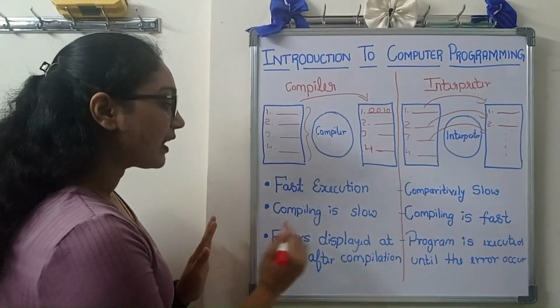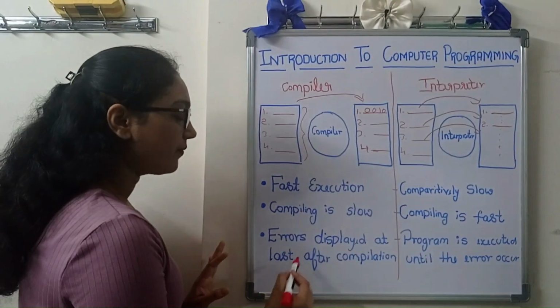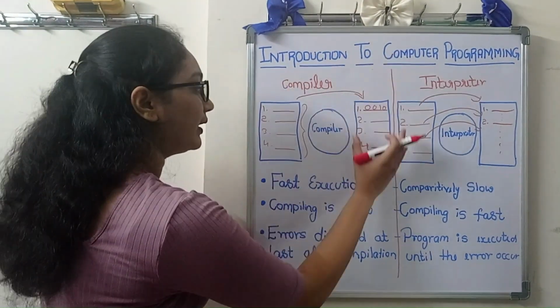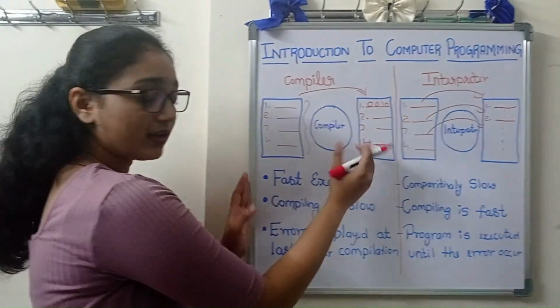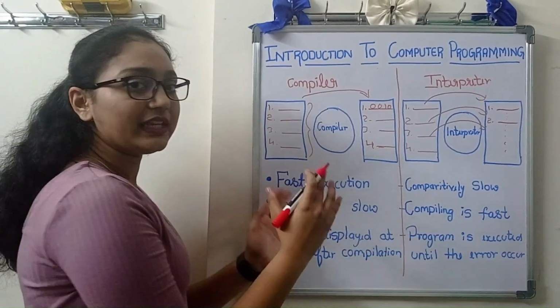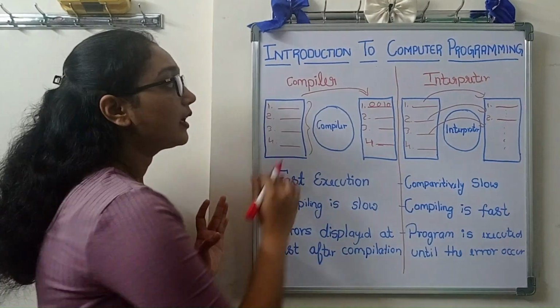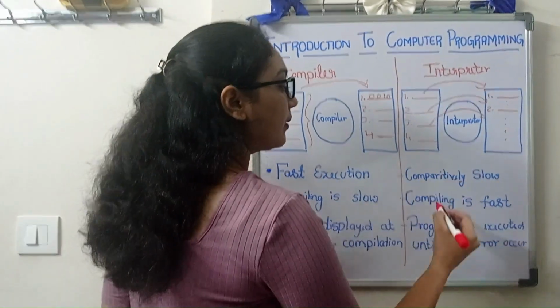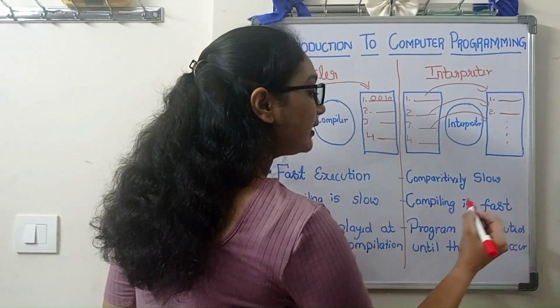Now, let's come to the errors. Errors are displayed at the last, after the compilation. This means the whole code will get compiled first, then the errors will be displayed if any error is present. Now in the case of an interpreter, as each line is compiled, the program is executed until the error occurs.